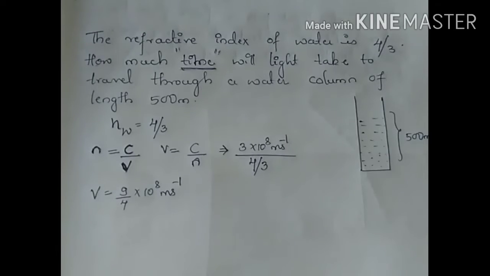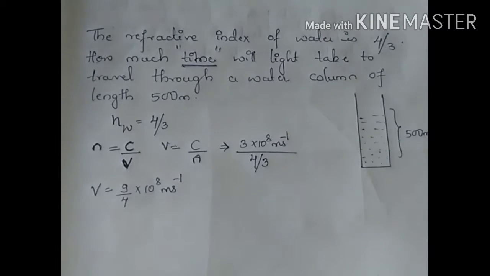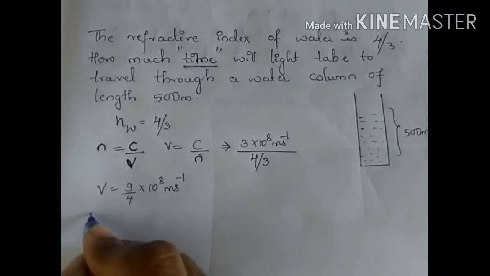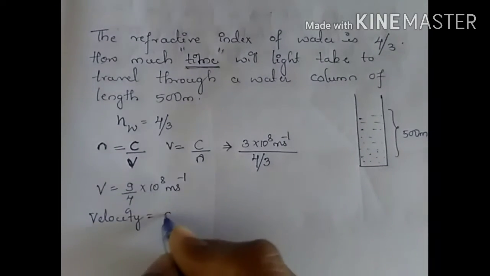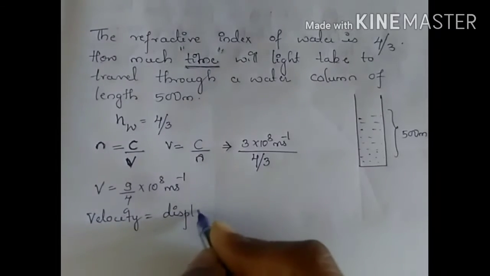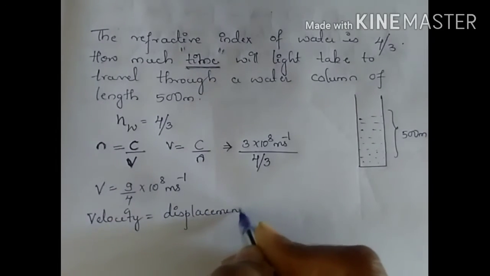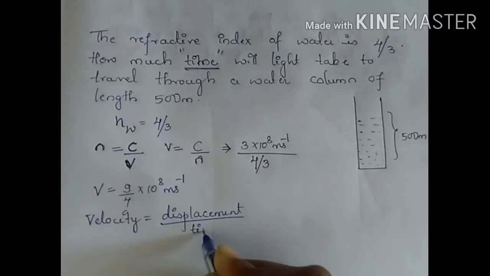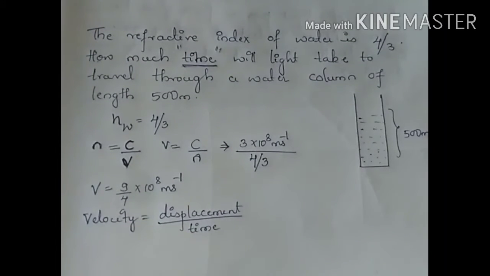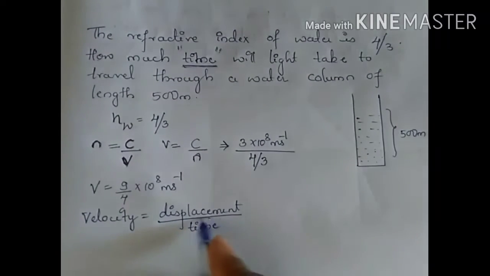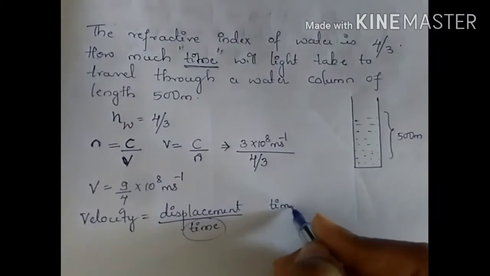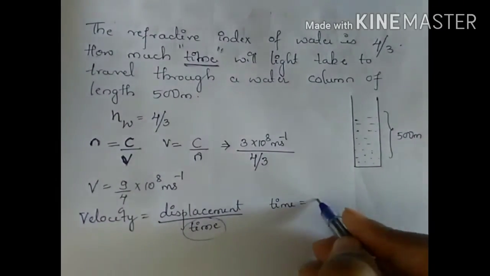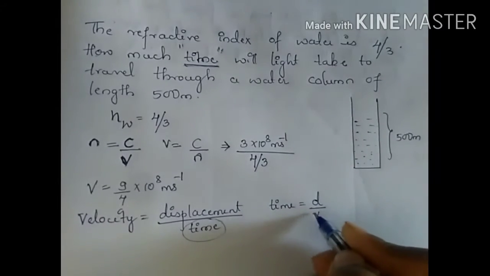So here the velocity is in meters per second, but from the basic definition we know velocity is displacement by time. So now from this I can take the time. So time can be equal to displacement by velocity.